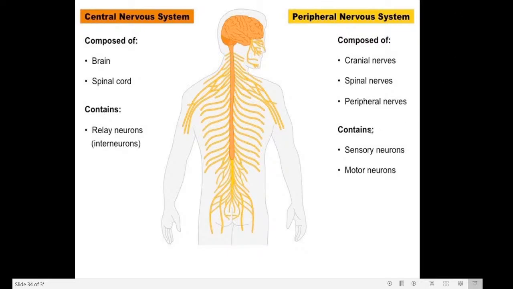The peripheral nervous system is composed of the cranial nerves, spinal nerves, and peripheral nerves, and it contains the sensory neurons and motor neurons. It's a very important thing. It's a basic question.